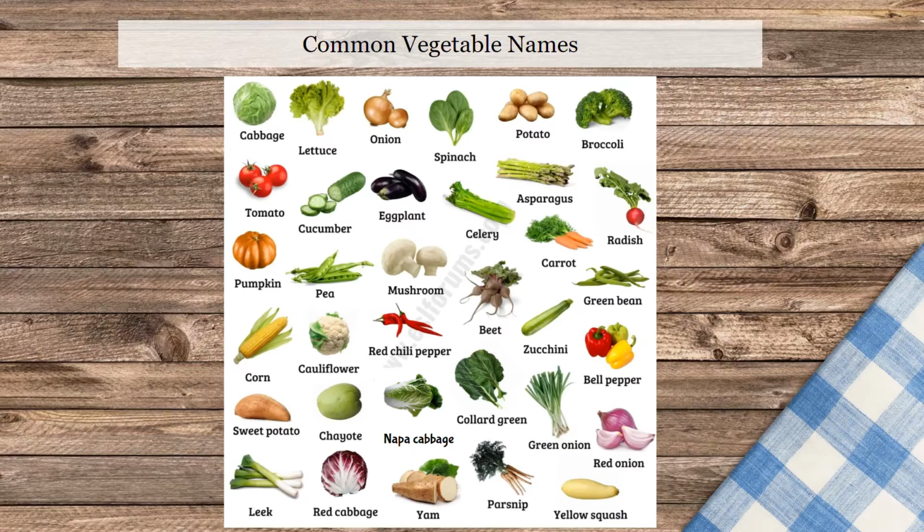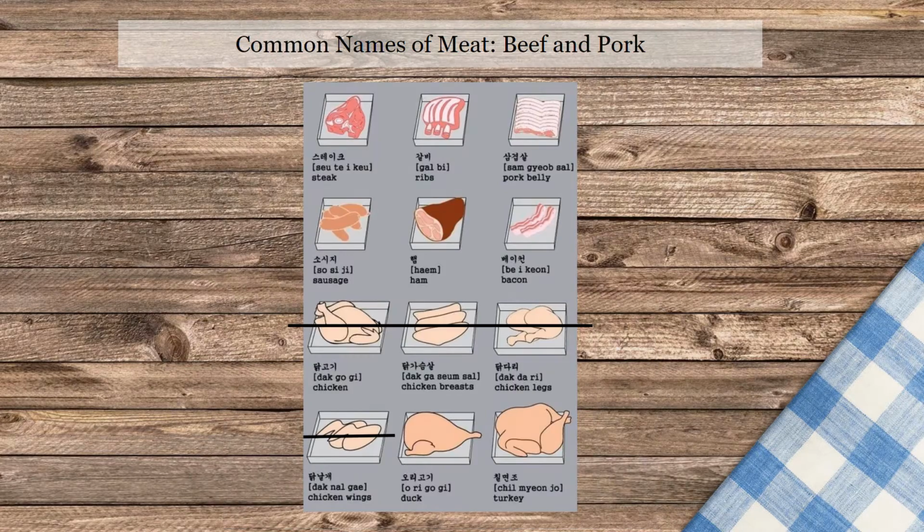So these are some vegetables. Now let's talk about the good stuff. Let's talk about common names of meat, specifically beef and pork. So we have steak, ribs, pork belly, sausage, ham, bacon. We will skip these. This is duck and turkey.